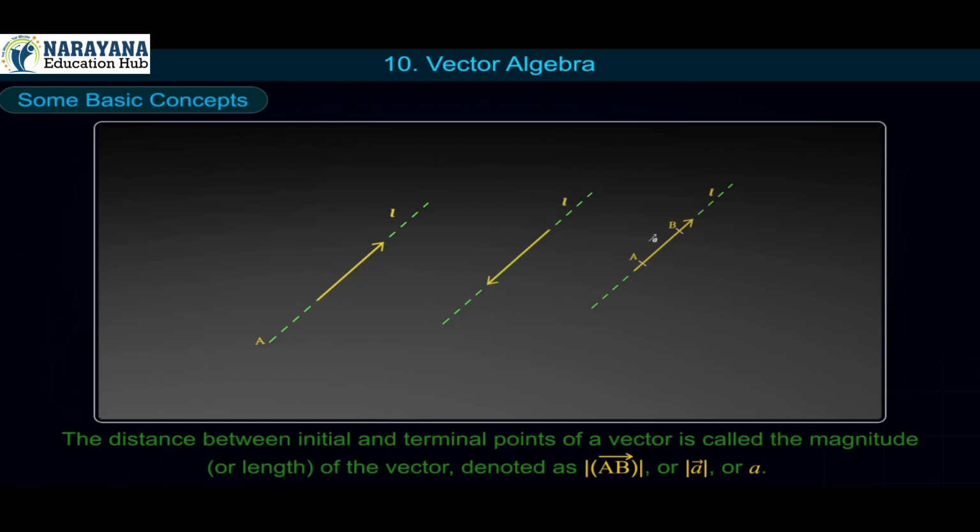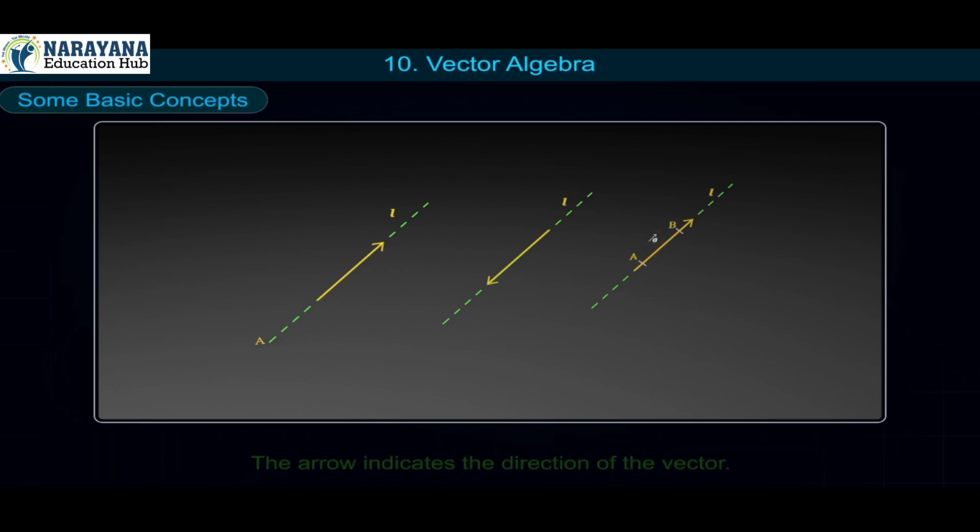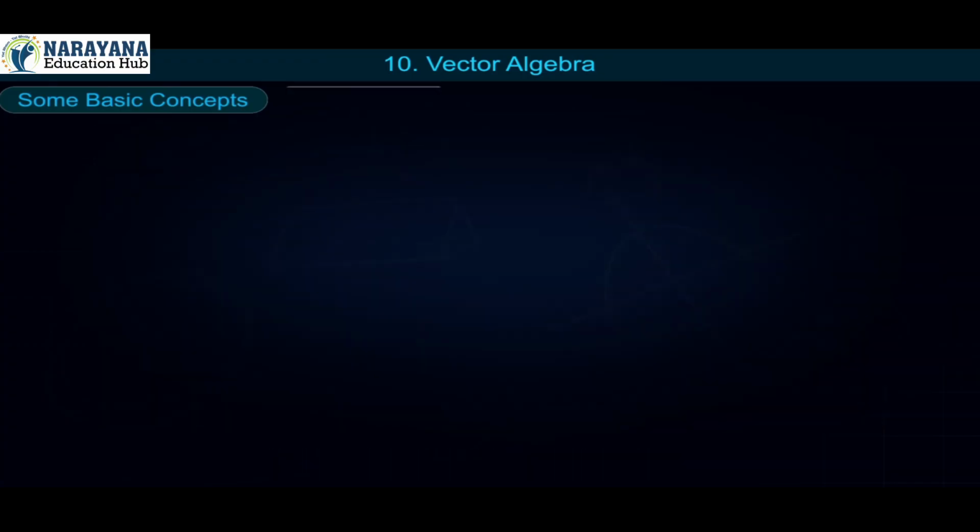The distance between initial and terminal points of a vector is called the magnitude or length of the vector, denoted as modulus of vector AB or modulus of vector a or a. The arrow indicates the direction of the vector.